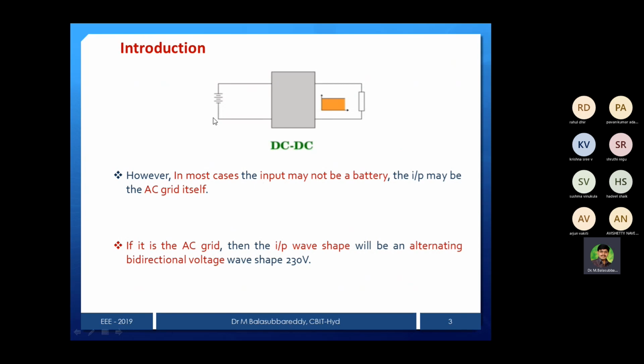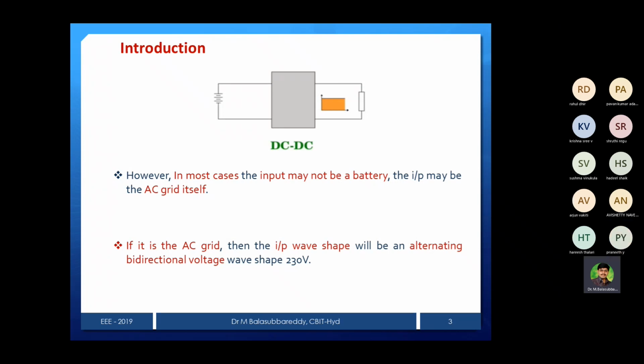But in some cases the input may not be DC directly, like a battery; it may be AC also. Then AC cannot be connected directly to the DC to DC converter. You have to convert that AC to DC using a rectifier, and then use a filter to filter out the harmonics and ripple and minimize the ripple quantity.